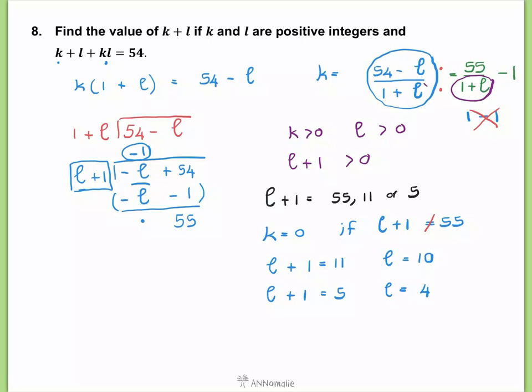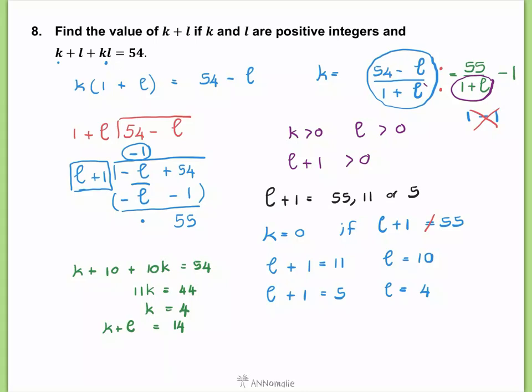If we test these two and find the value of k, let's see what that results in. With l equal to 10, we have k plus 10 plus 10k equal to 54, and that is 11k equal to 44, and k is equal to 4. So k plus l is then equal to 4 plus 10, which is 14.